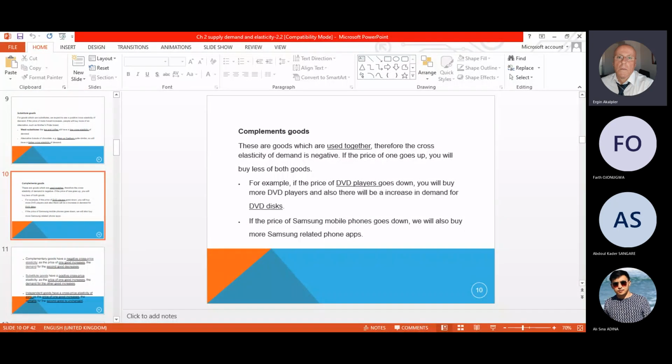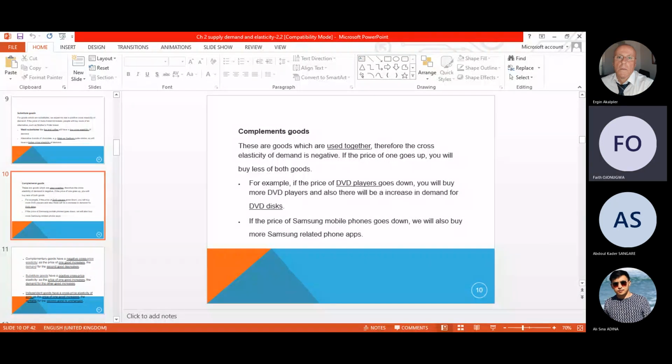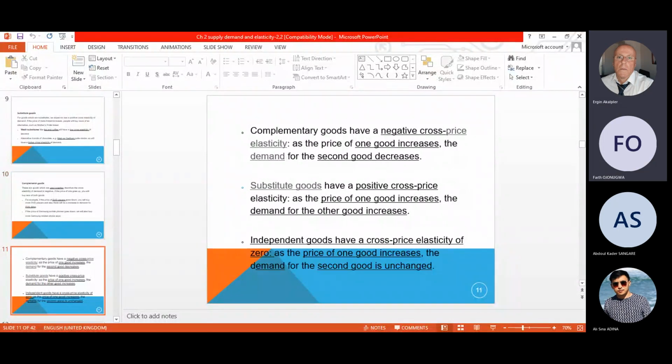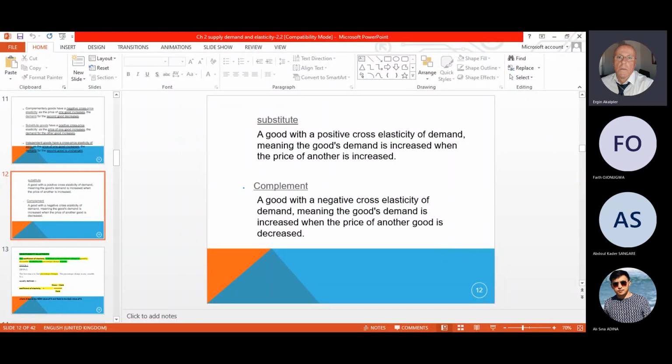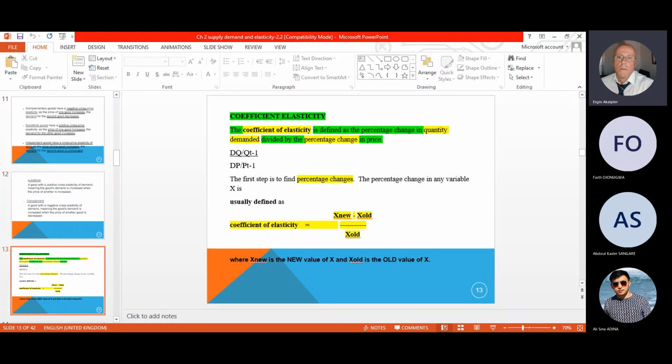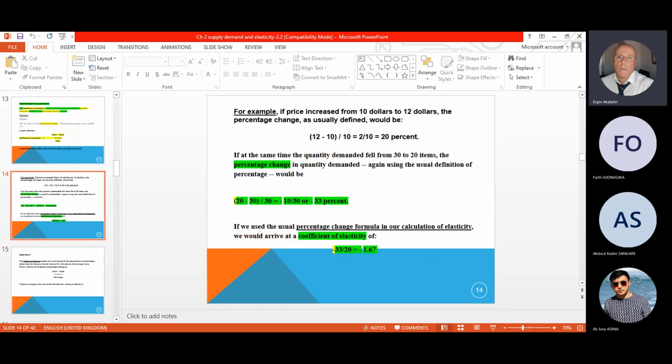It is going slowly, I think, in the larger one. Okay, now we are in complement goods. It goes faster now. Substitute, complement, it goes faster, isn't it? This is better. You want me to leave it like this?